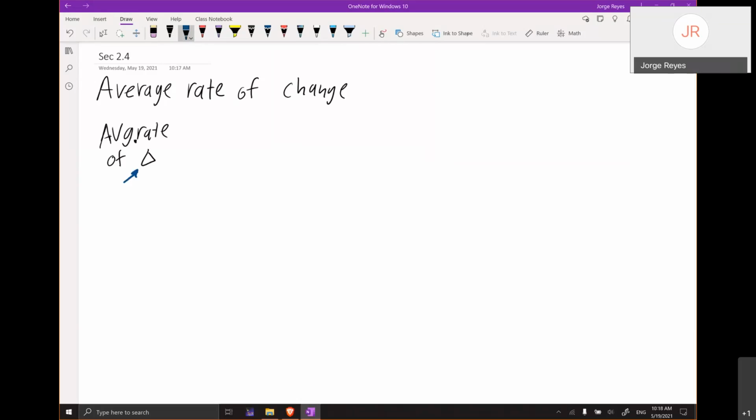So average rate of change. First of all, if you ever see a triangle in math, that means change. I don't know why math people just did that. Well, actually, it's probably the capital letter delta, but whatever.